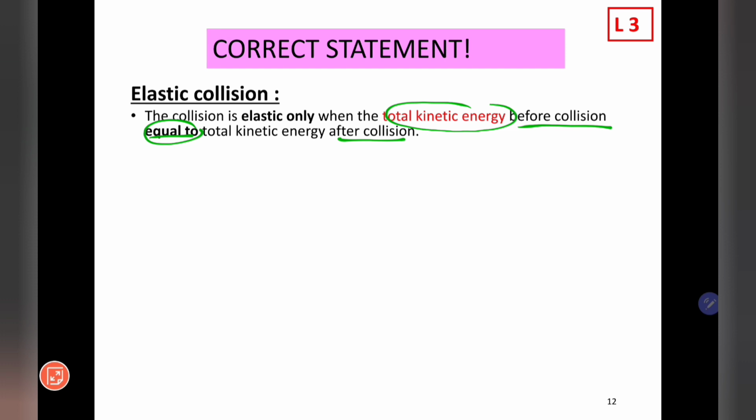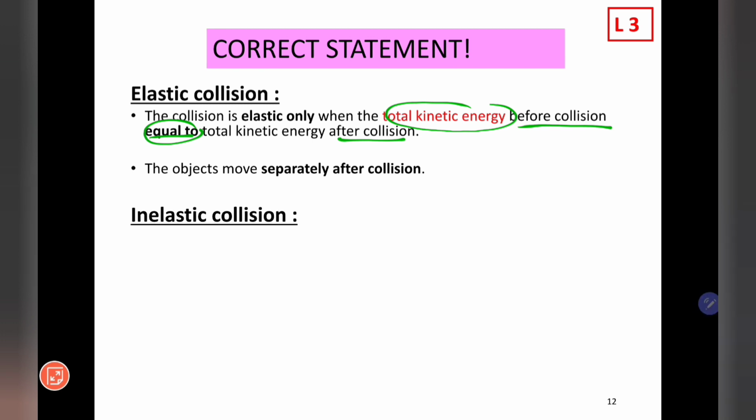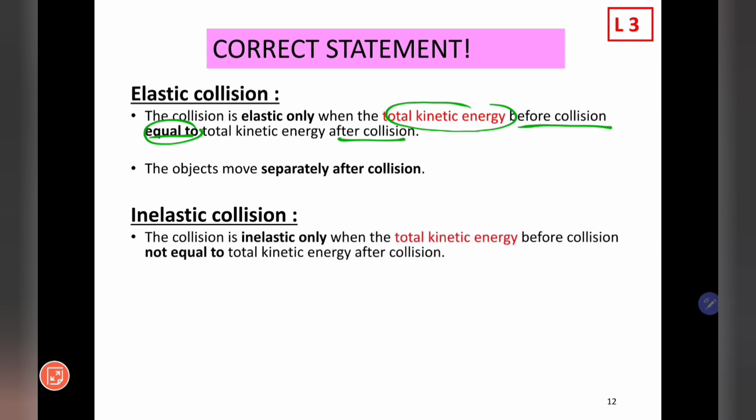And then the objects move separately after collision. So this is one of the conditions for the elastic collision. For any inelastic collision, the collision is inelastic only when the total kinetic energy before collision is not equal to the total kinetic energy after collision. After and before collision, the total kinetic energy are different.